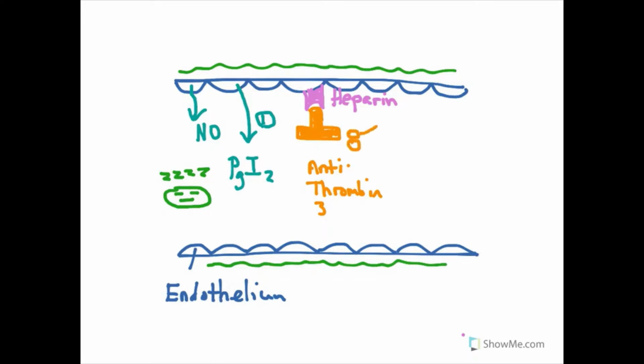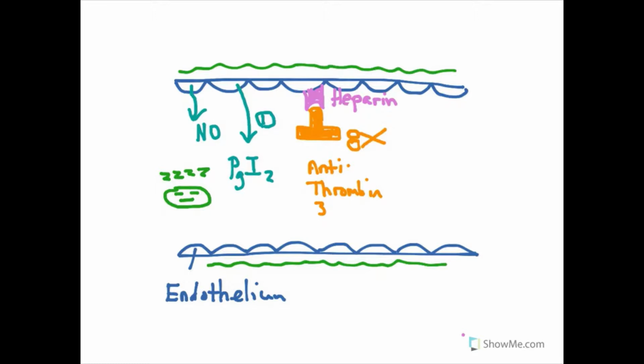Now, antithrombin 3, what it's going to do, let's kind of imagine that this has a pair of scissors. And I cannot seem to make things go the way I want them to go today. There we go. And it has a pair of scissors. And these scissors are going to cut and deactivate some very important clotting factors. Now, later on, I will give a full list of these clotting factors and what they actually are.